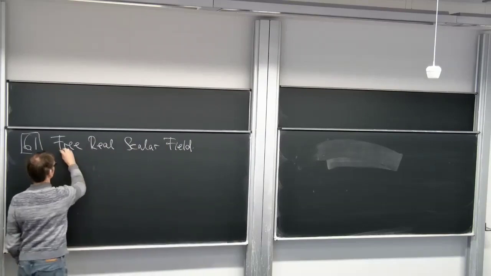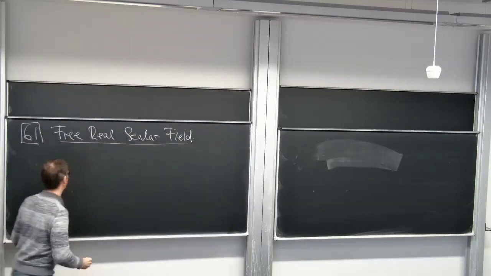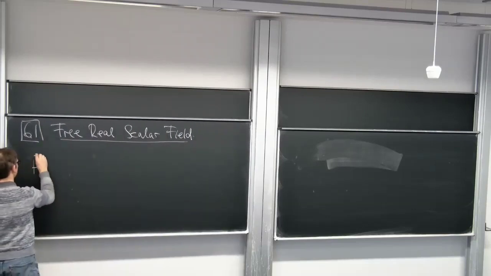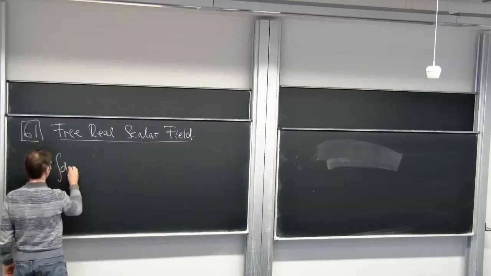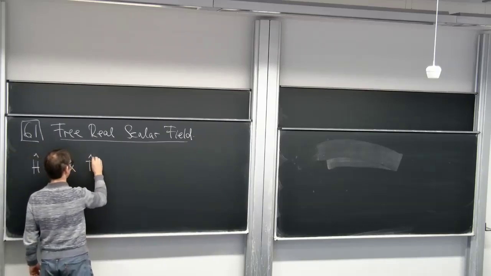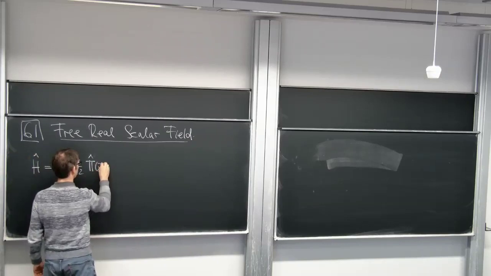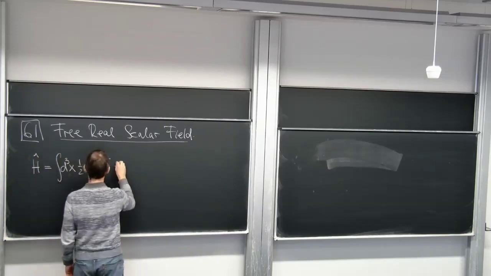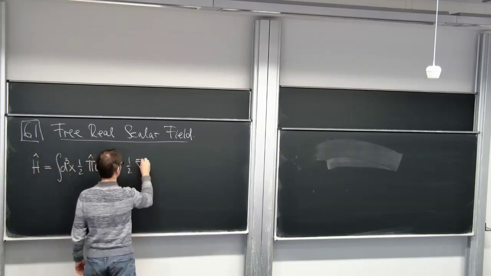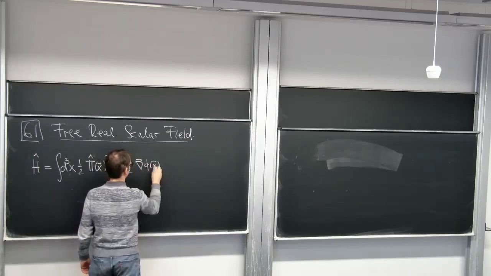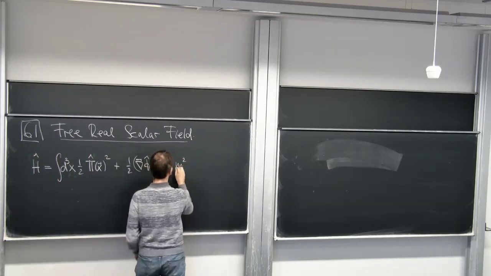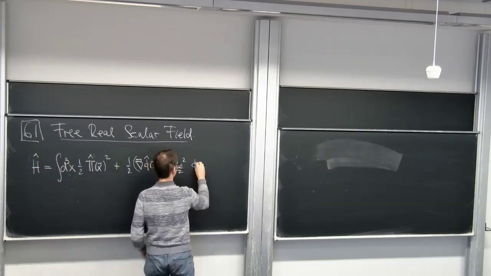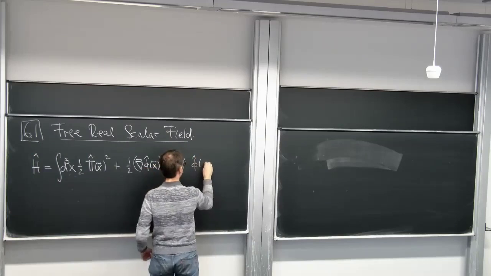So let's say I give you some operator called H. It's of course the Hamiltonian operator. This is made up out of another operator called pi and phi. And there's an m term, some constant m, whatever that is.